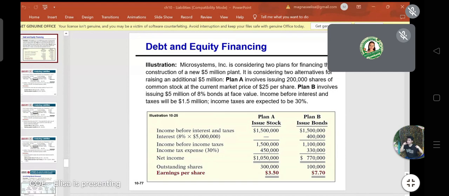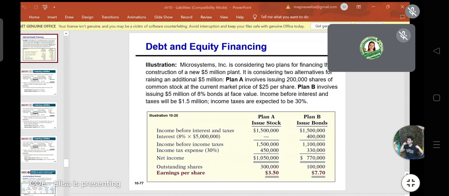With that, looking into these two options, of course looking at net income, we can say plan A is better, because our net income is 1,050,000 compared to plan B, which is 770. But the moment we compute our earnings per share, it will go down to 350 because our outstanding shares increased to 300.